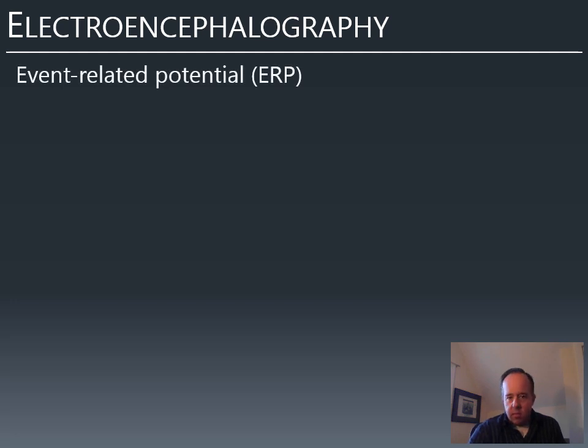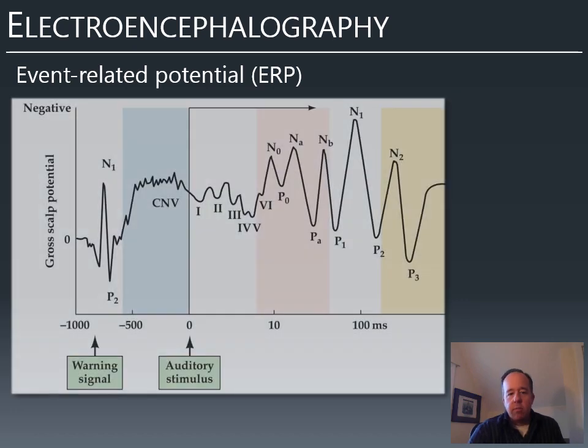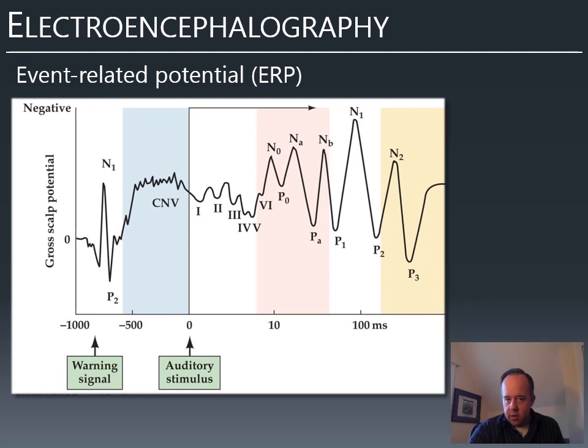And I'll go a little deeper on EEG because it's going to be important for our unit on attention. EEG often uses what's called an event-related potential, or ERP. So you can measure individual responses to an event, to a stimulus. Not individual action potentials. EEG is averaging over large areas of the brain. But when you measure the response to a stimulus, it looks like a series of waves.